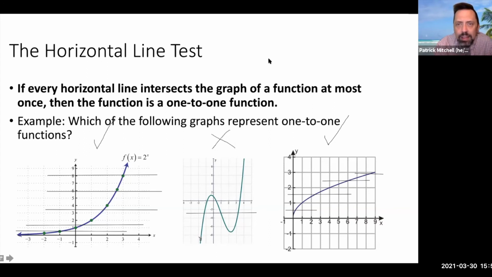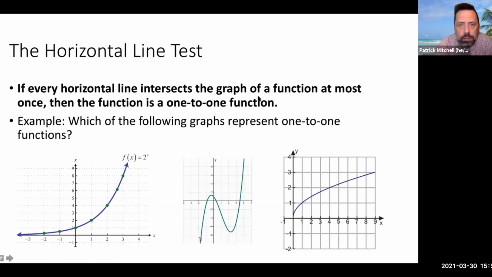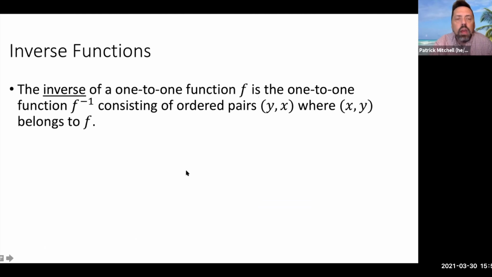All right, let's see what's next. The inverse of a one-to-one function f is the one-to-one function called f inverse, consisting of ordered pairs y comma x, where x comma y belongs to f. Remember what I said right at the beginning, this function f inverse is supposed to undo whatever the original function does.